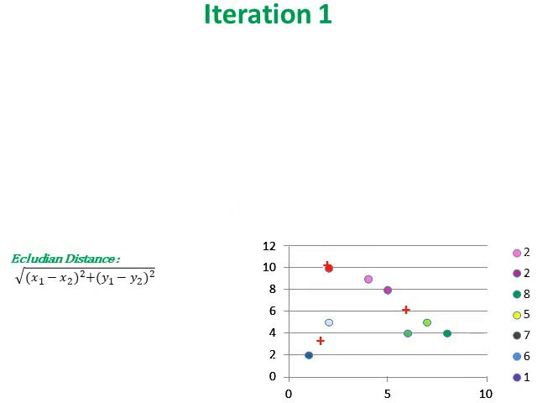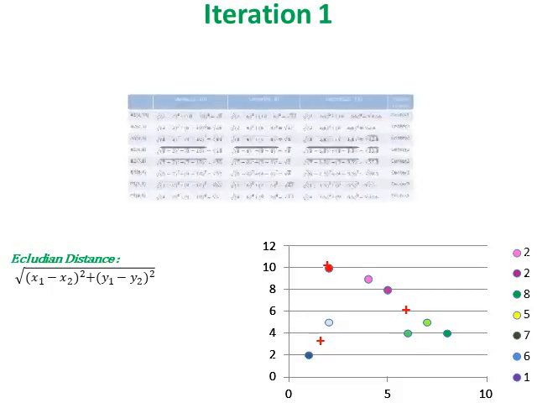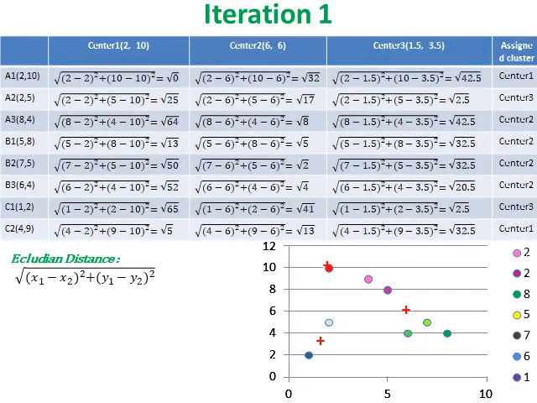Again, assign each object to the center to which the object is most similar. Here, take the first data point A1 (2, 10) and calculate the distance from center 1, center 2 and center 3. You will get root 0, root 32 and root 42.5.